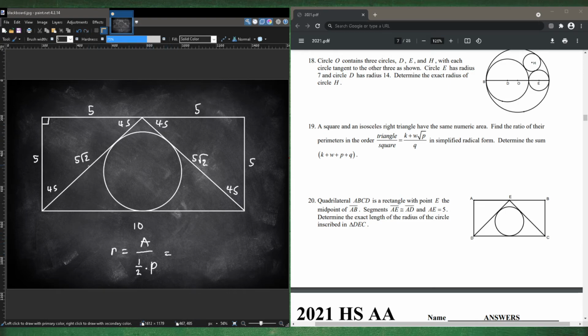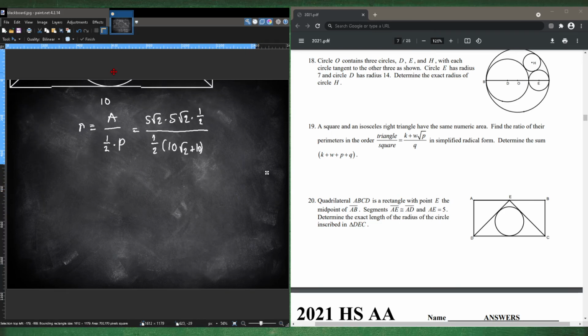So the area of this is 5 square root 2 times 5 square root 2 times a half, because that's the area of a triangle, 1/2 times base times height. And then we have 1/2 times the perimeter, which is 5 square root 2 plus 5 square root 2 plus 10. So that is just 10 square root 2 plus 10. And we just need to solve for this equation.